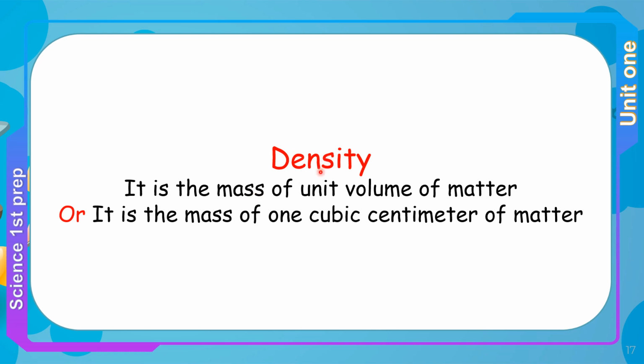What is the definition of density? It is the mass of a unit volume of matter, or the mass of 1 cubic centimeter of matter. So density depends on mass, which is in grams, and volume, in cubic centimeters. So density depends on mass and volume.